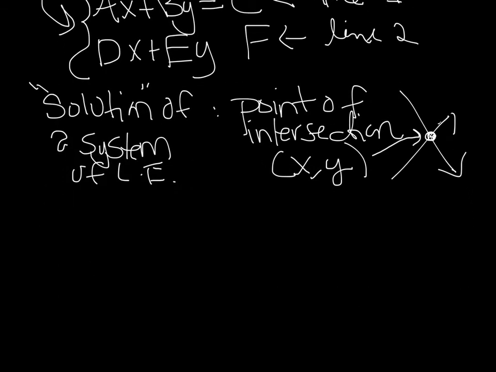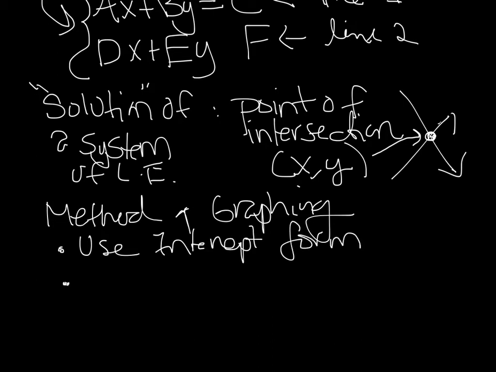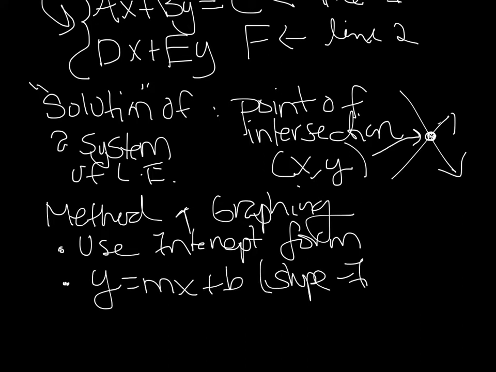You pick your choice of method of graphing. You can use the intercept form, or you can put it in slope-intercept form, the y equals mx plus b form, to graph a line.